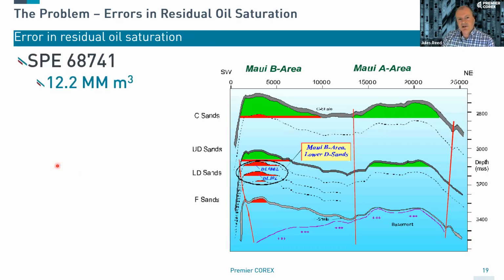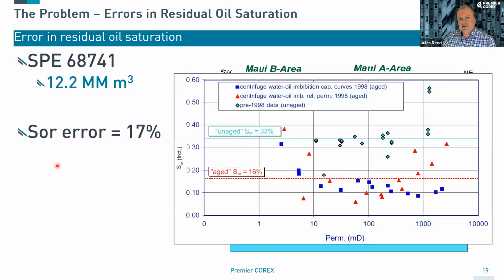What they did was, there was a study that had looked at residual oil saturation. It was done pre-1998. I think it was done in the late 80s. I can't remember exactly, but it was all done water wet. And the residual oils on average were about 33%.